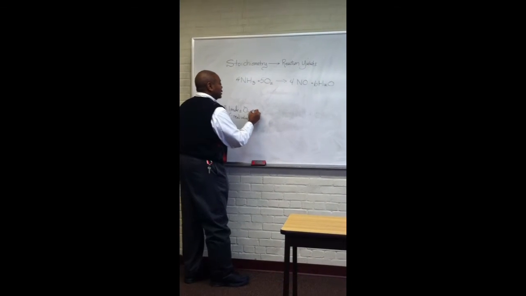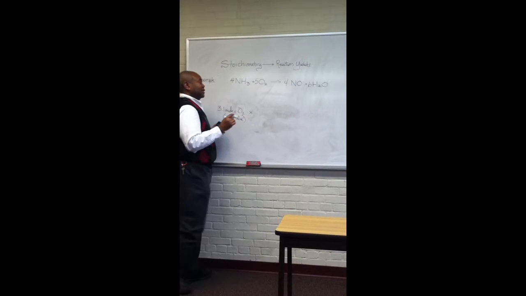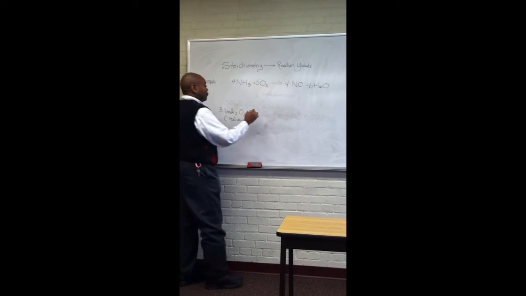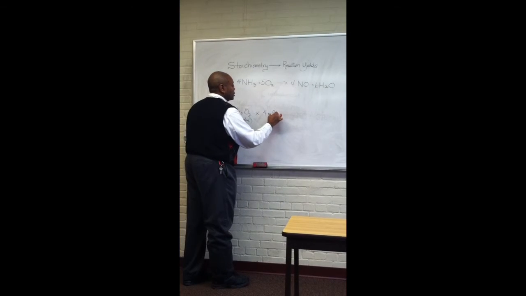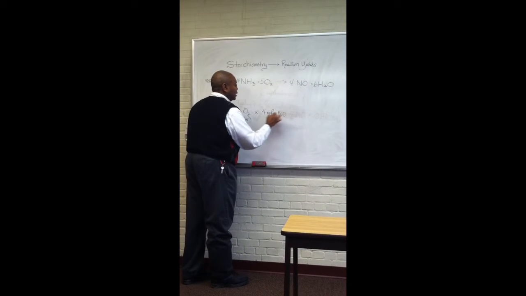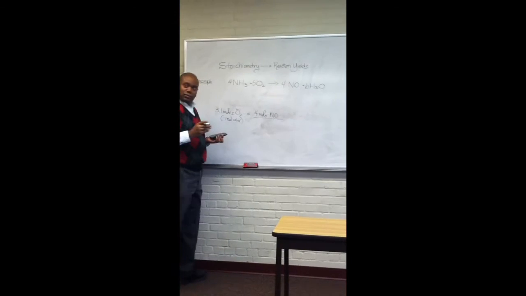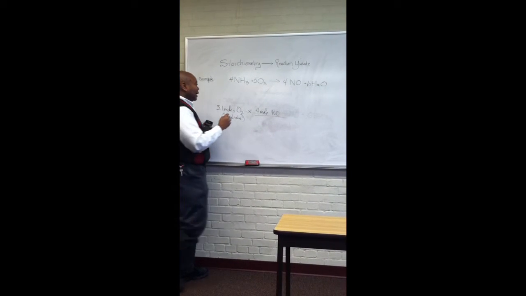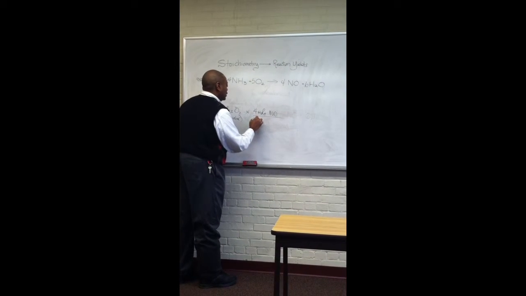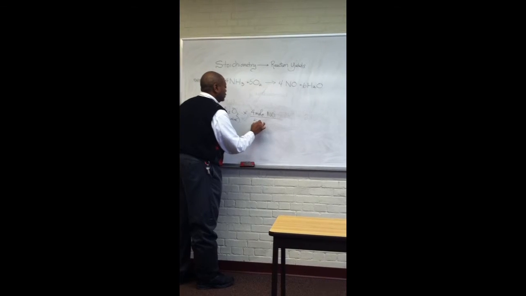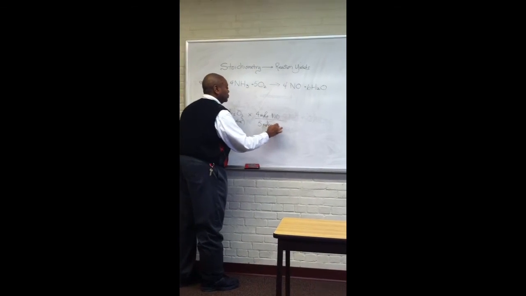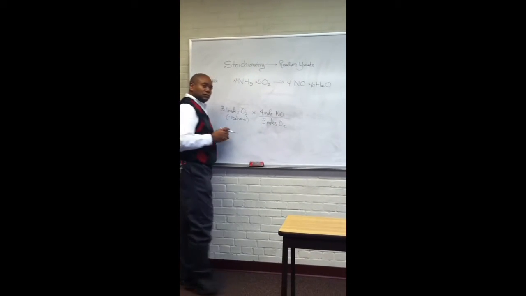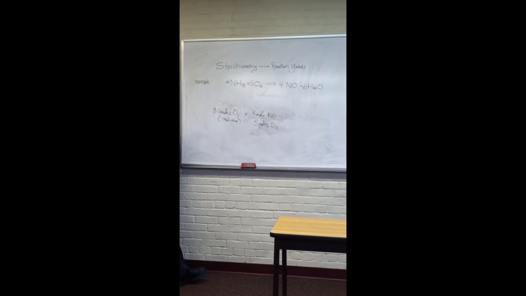Now, looking at the equation, I see that for every 4 moles of nitric oxide produced, I had to have 5 moles of O2 to start with.